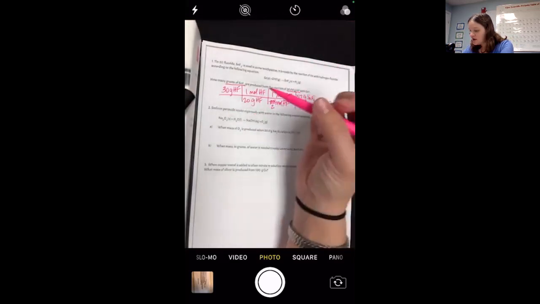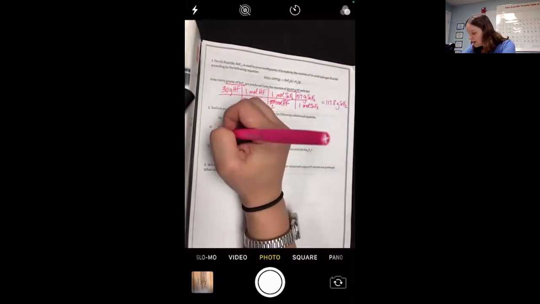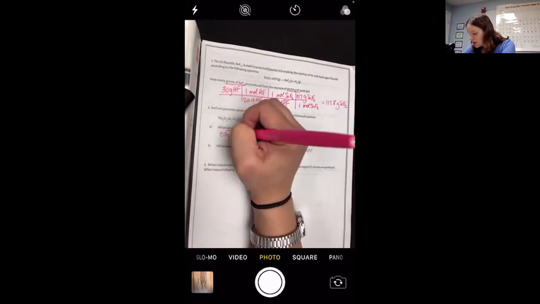So practice problem 2, for going from mass to mass. We're reacting sodium peroxide with water and producing sodium hydroxide and oxygen. So we're going to figure out what mass of oxygen is produced if I react 50 grams of sodium peroxide. So I have 50 grams of Na2O2.